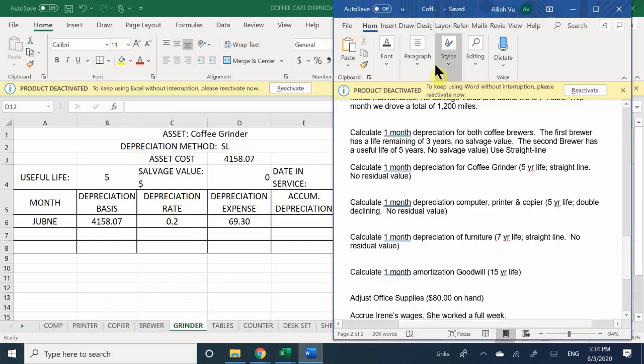What does the next scenario say? Calculate 1 month depreciation on furniture. Continue reading. Okay, 7 years useful life, straight line, no residual value.